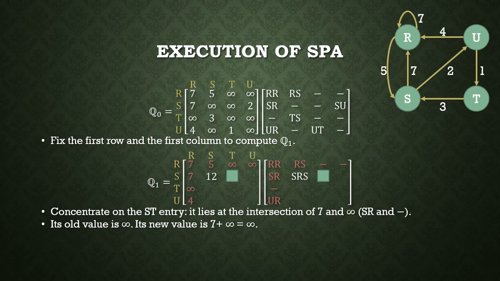Now, the old value of the ST entry is infinity, and if we compute the new value, that will be 7 plus infinity, so it will still be infinity. So this means that we cannot bring about a change here. So we leave this entry unchanged. Whatever it was, we simply copy it from Q0 to Q1.